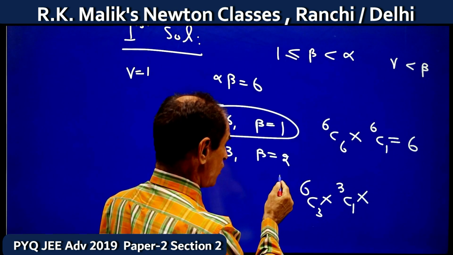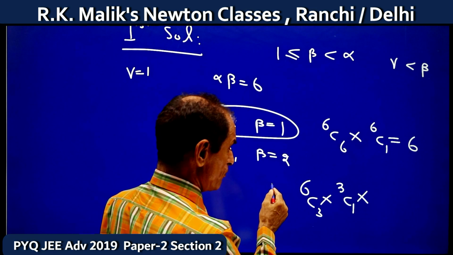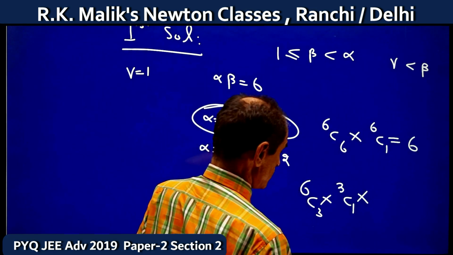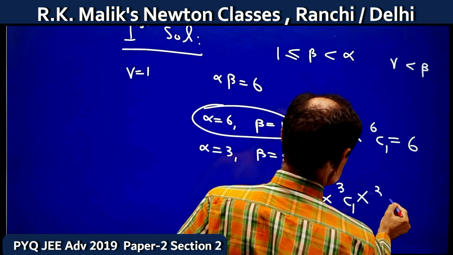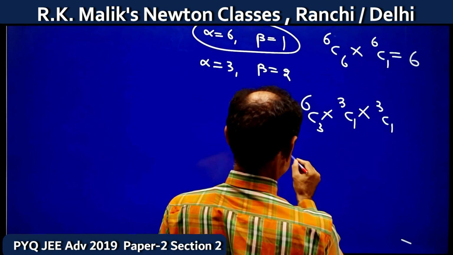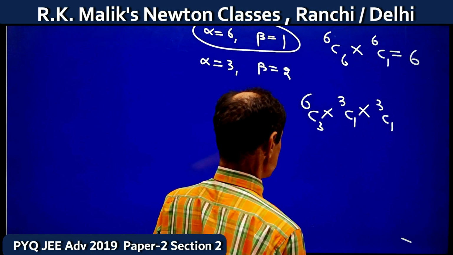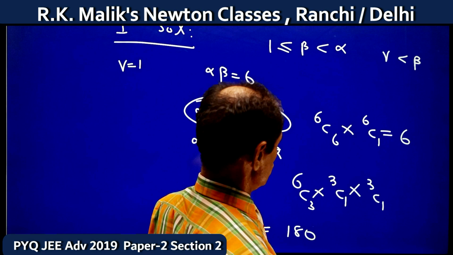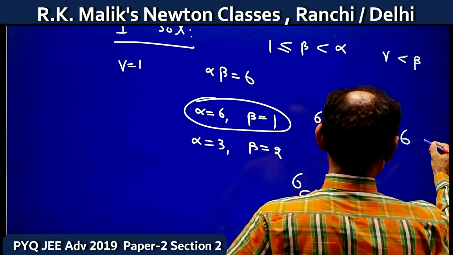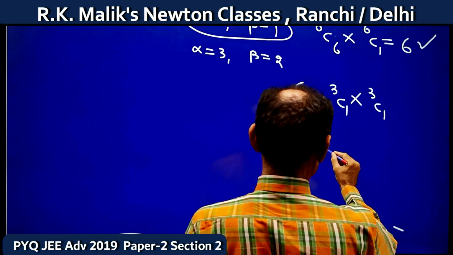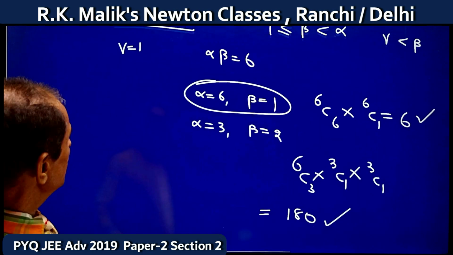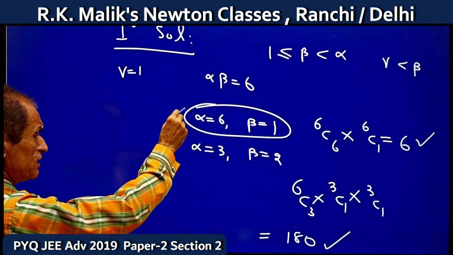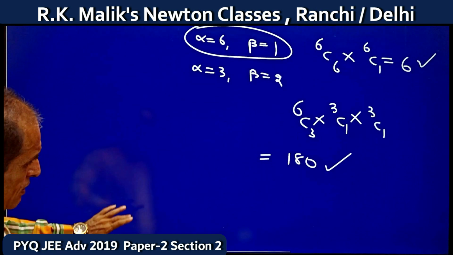And one other element of the set B should be from the remaining 3 elements which are not in A. This also can be done in 3C1 number of ways. And the value of this becomes 180. So far I have got 6 cases and then 180 cases. And for gamma equal to 1, only these 2 cases are possible.